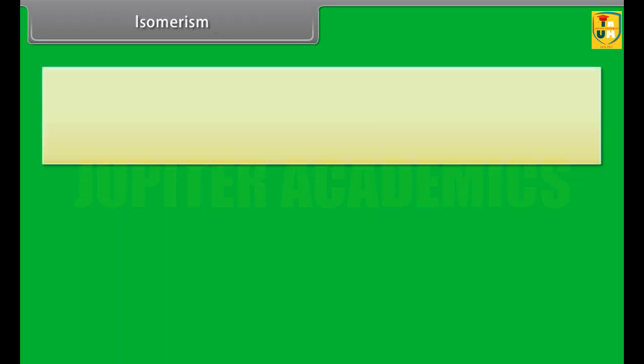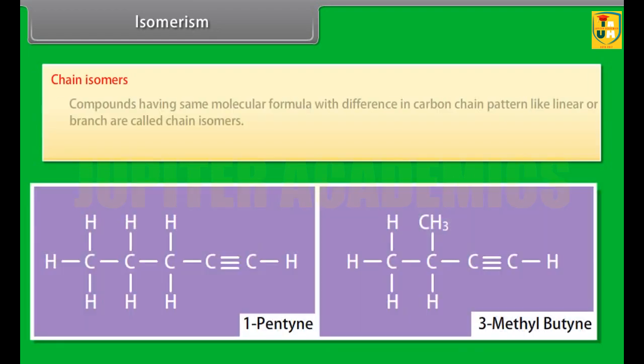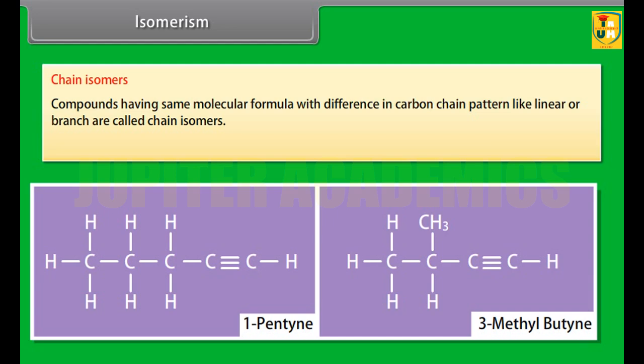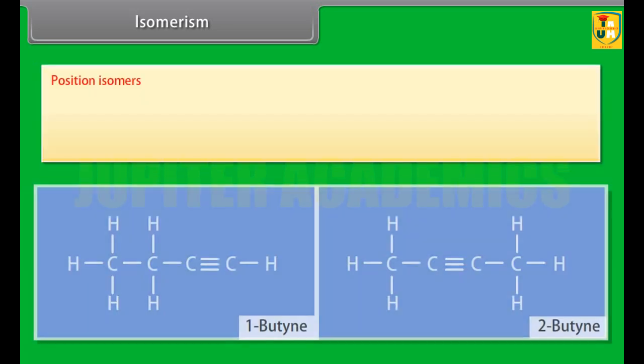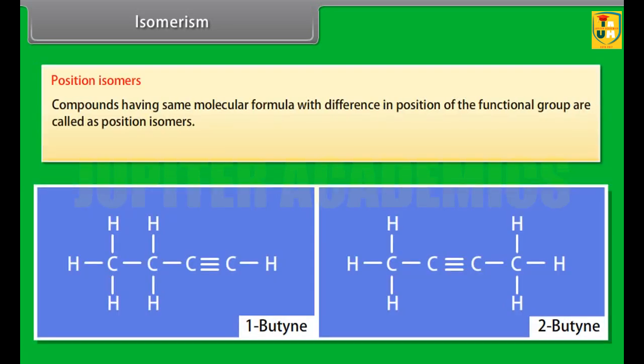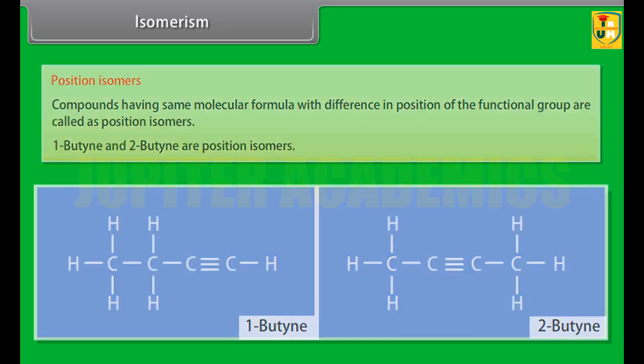Isomerism. Chain isomers. Compounds having the same molecular formula with a difference in carbon chain pattern, like linear or branched, are called chain isomers. 1-pentyne is a chain isomer of 3-methyl-butyne. Position isomers. Compounds having the same molecular formula with a difference in the position of the functional group are called position isomers. 1-butyne and 2-butyne are position isomers.